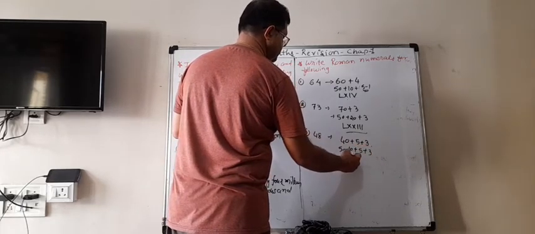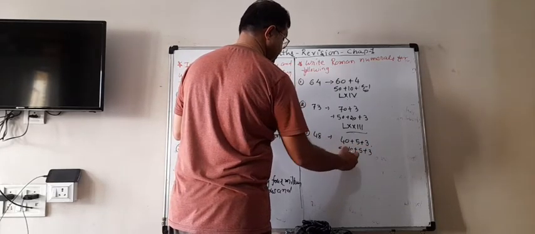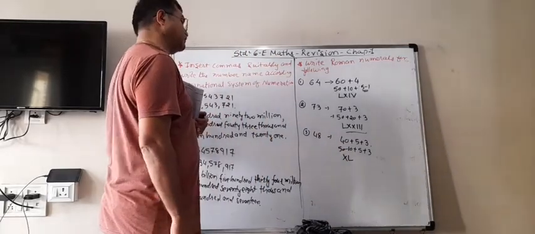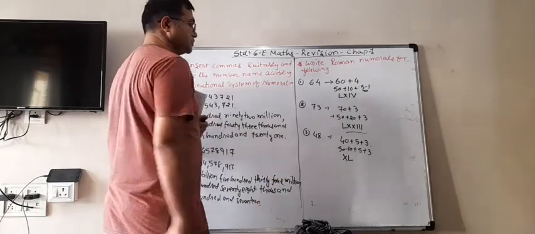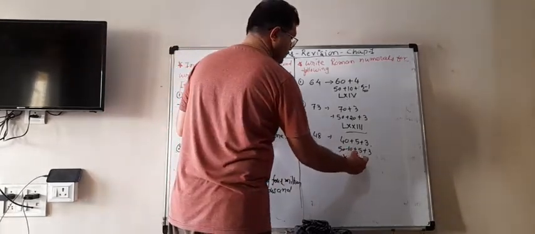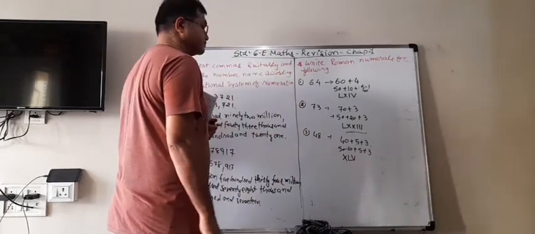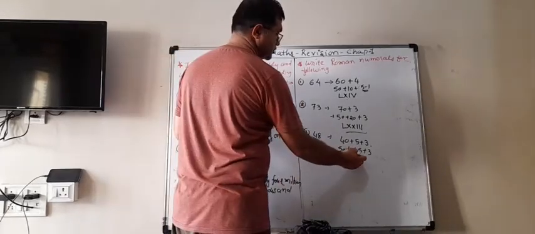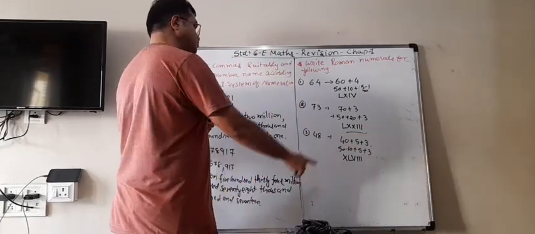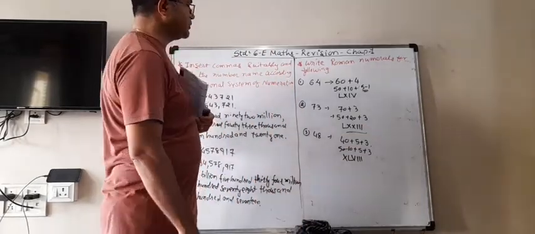So 50 is L, and minus 10 means X is written at the left side, in front of it. So that is 40 now, plus 5. For 5 we use V, and for 3, III. So that is the Roman numeral.